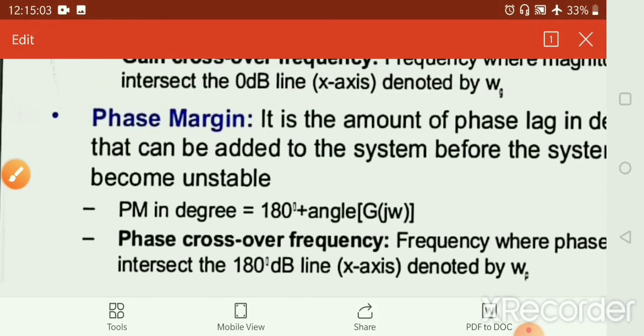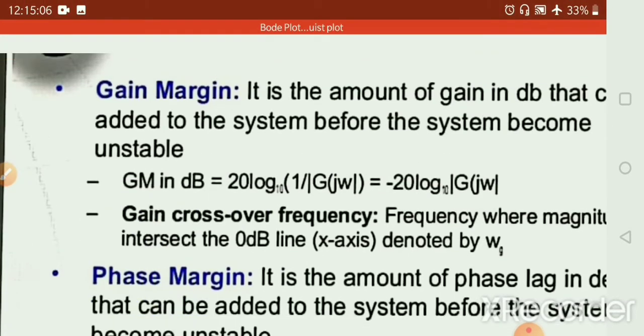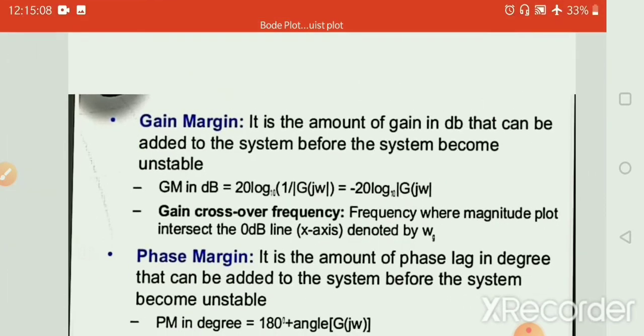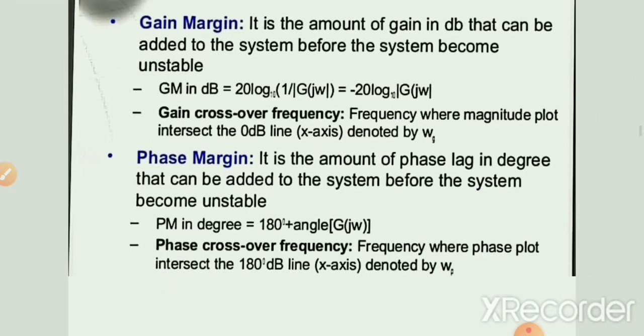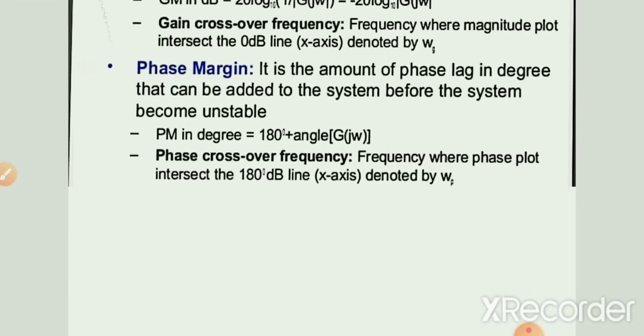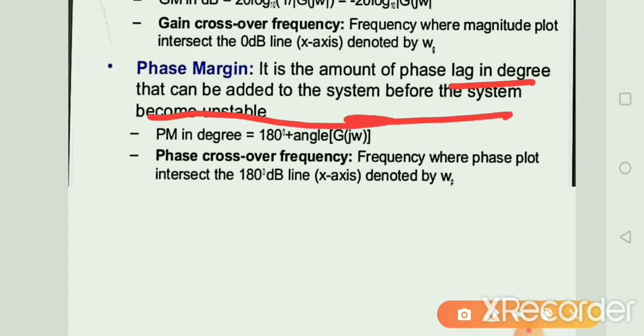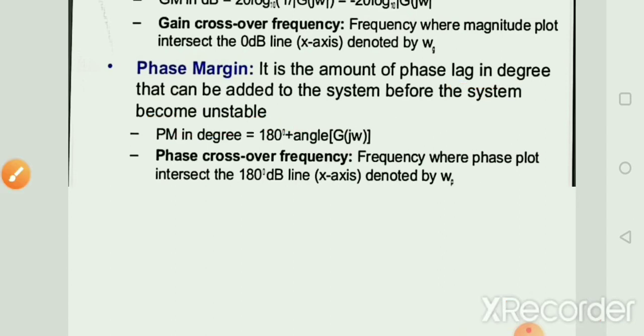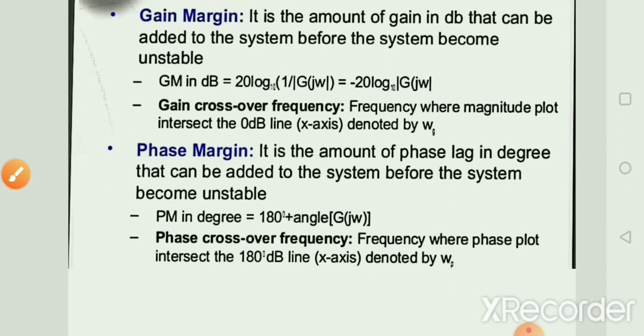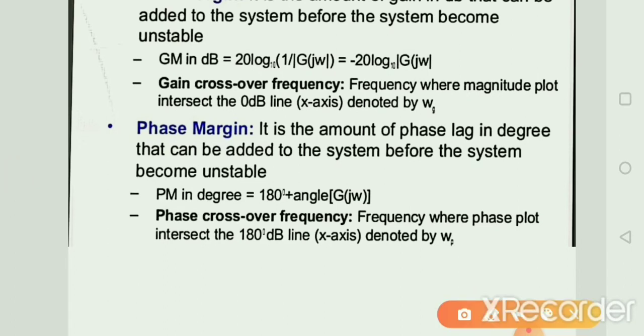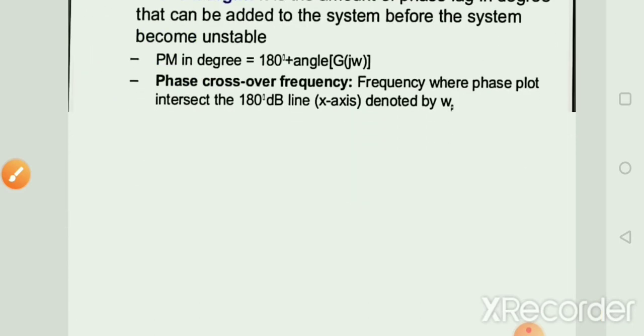The definition: gain margin is the amount of gain in dB that can be added to the system before the system becomes unstable, and phase margin is the amount of phase lag in degrees that can be added to the system before the system becomes unstable. To calculate the phase margin in degrees, it is 180 degrees plus the angle of G(j omega). And the gain margin is minus 20 log base 10 of the magnitude of G(j omega).